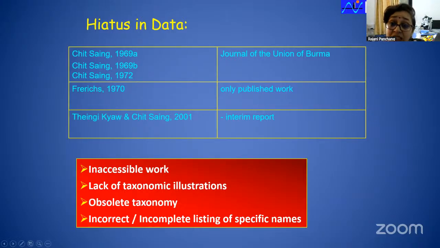So on the basis of past literature, I was able to, one, decide my objectives. Second, I could decide my method. Which method should I follow? Not just surface sampling, but even subsurface sampling.